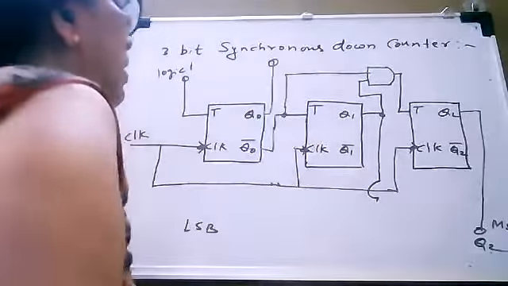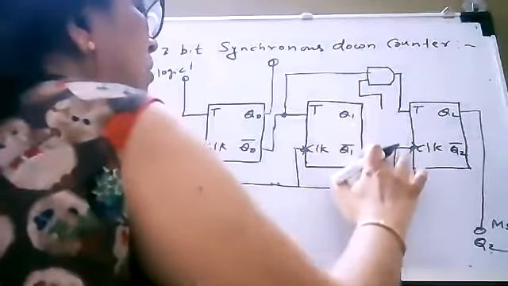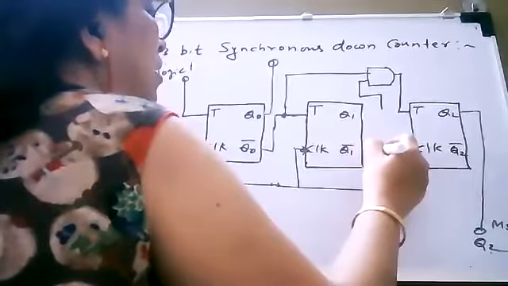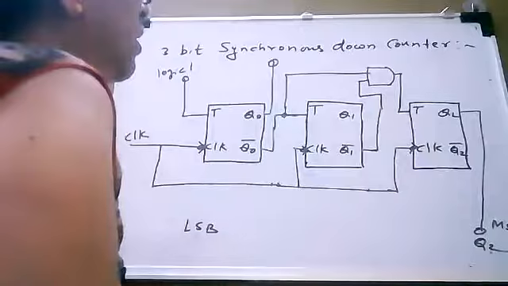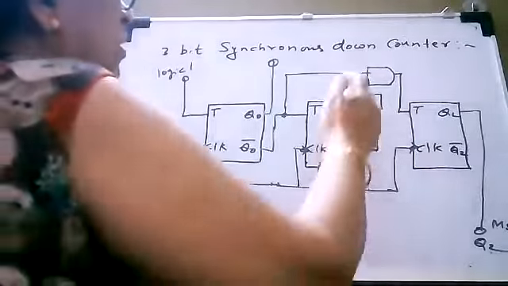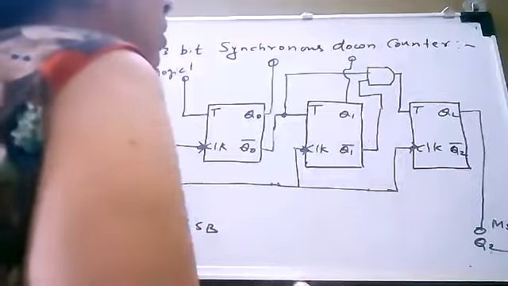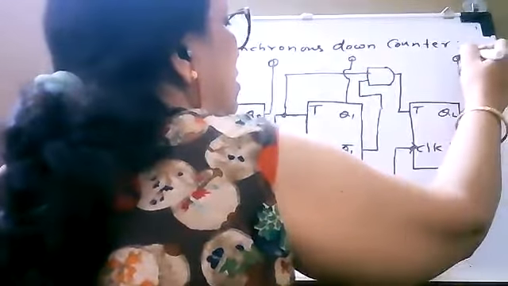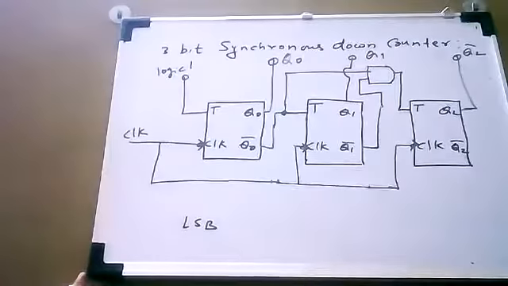Okay. And Q0 is taken as output. And here also Q1 bar must be connected to the AND gate as input. Okay. And this Q1 may be taken out. This is Q2, Q1, and Q0.